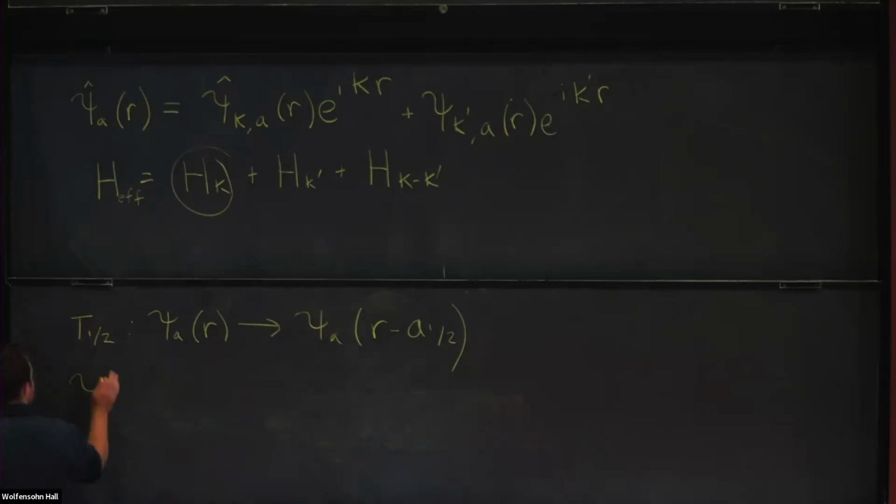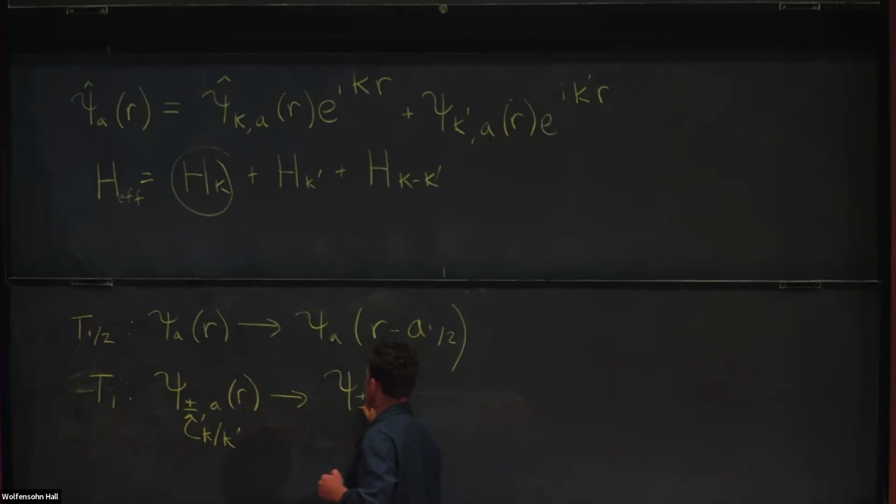And what you find is that, for example, T1 will take psi plus or minus, where this here denotes K versus K prime, A R, and map it to psi plus or minus A R minus A1, but then combined with a plus or minus 2 pi i over 3.